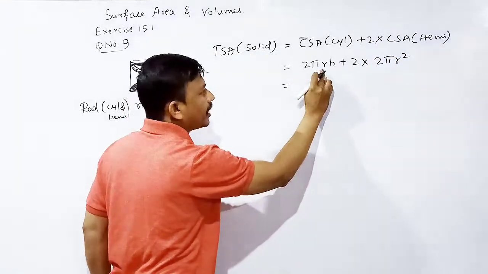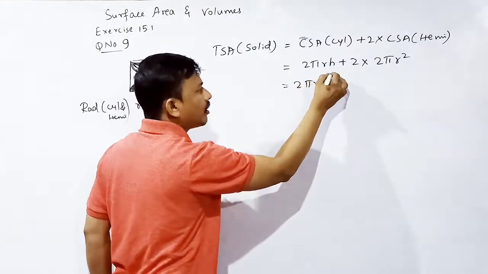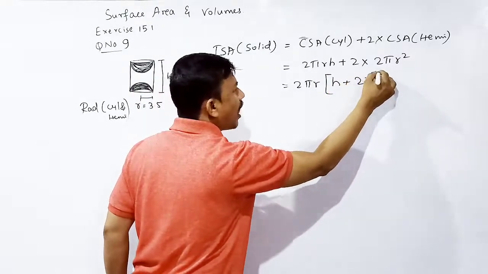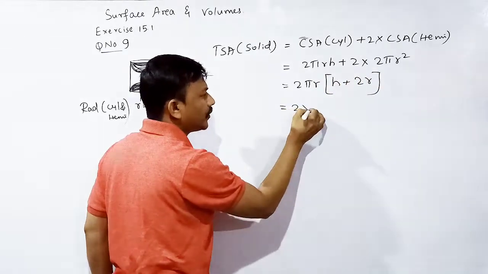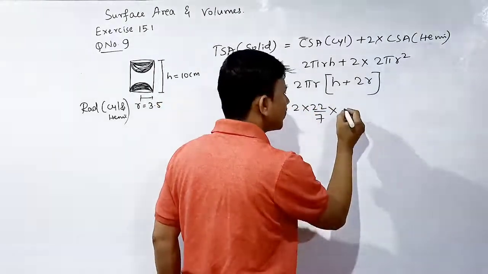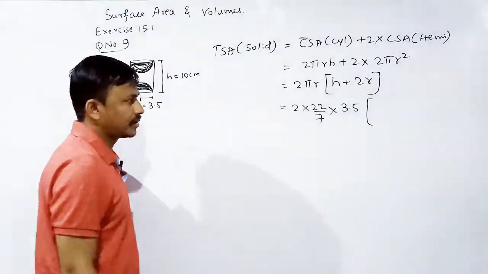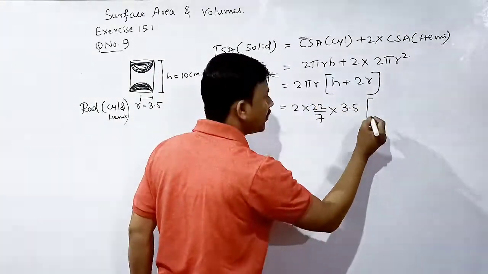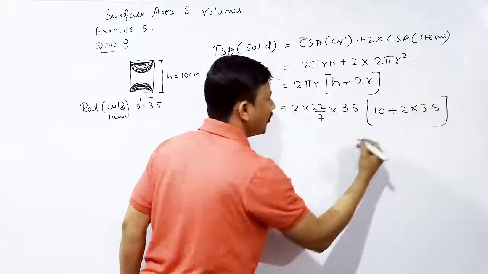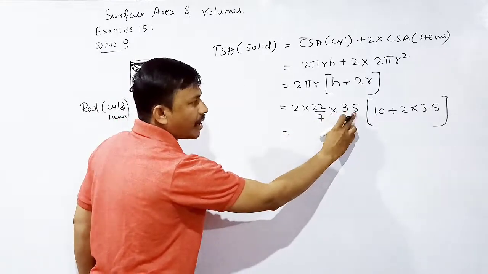Here is also 2 pi R, here is also 2 pi R. 2 pi R is common in bracket, H plus 2 into R. This is equal to 2 into 22 divided by 7. What is the radius here? 3.5 in bracket. Look here, what is H value? 10 plus 2 into 3.5.